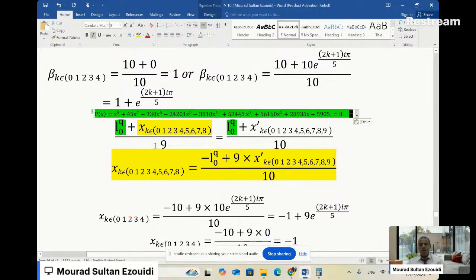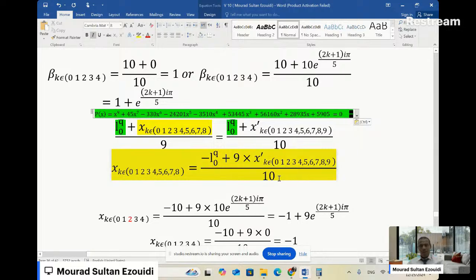So, the roots of this polynomial to the power 9 that I started with is equal to negative 10, or I will use the formula. So, this is the relationship between 9th degree and 10th degree. L0 for the cube plus S subscript from 0 to 8 divided by 9 equal L0 for the cube plus X dash, the X roots of my new 10th degree polynomial equation, from 0 to 9 divided by 10. So, the xk, the x roots of my new 9-degree polynomial equation, is equal to minus L0 plus 9 times x dash subscript k from 0 to 9 divided by 10.